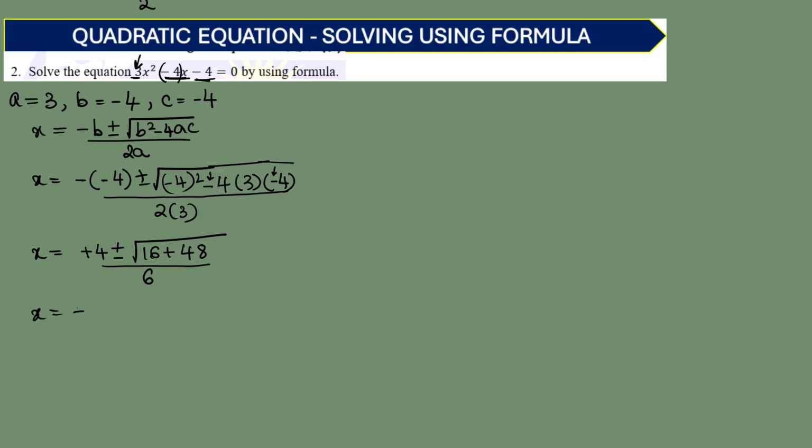So what is the value of x? Plus 4 plus minus under root of 16 plus 48 upon 6. Root of 64 upon 6. Correct? 16 plus 48 is 64.